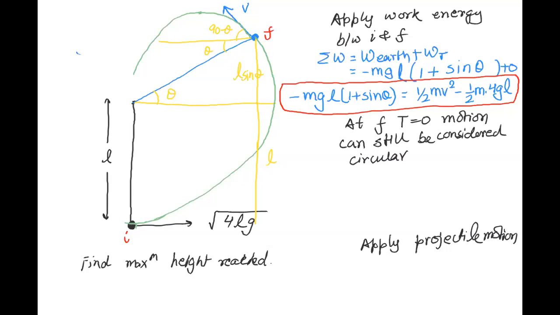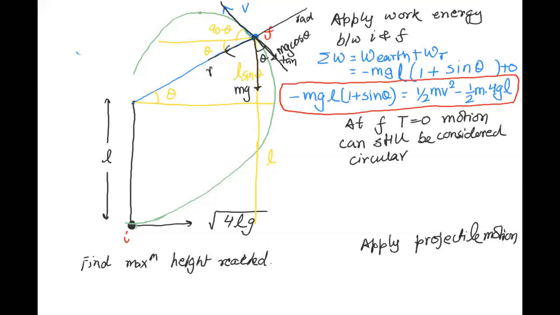So what do we do? If we have circular motion to analyze, we draw the radial axis, we draw the tangential axis, we draw the forces acting on the particle, and we find the components. In this case, there is only one force. This component is mg cosine theta.